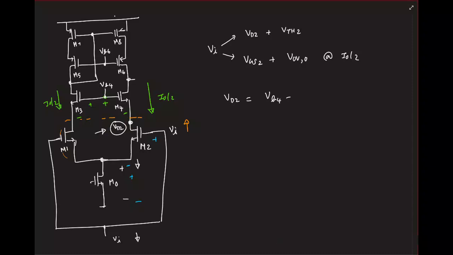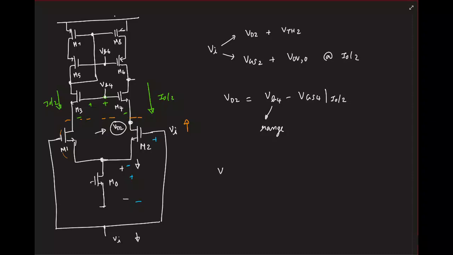VB4 minus a gate to source drop, so that is VGS4 at a current I naught by 2. Okay, and please remember VB4 itself is a bias voltage that is under your control. So this also will have a range of voltages. Okay, so VB4 itself will have its own range, so that all of the transistors will remain in saturation, right?